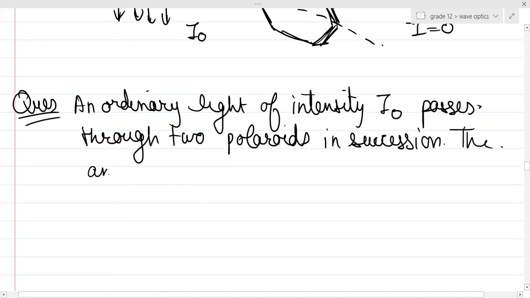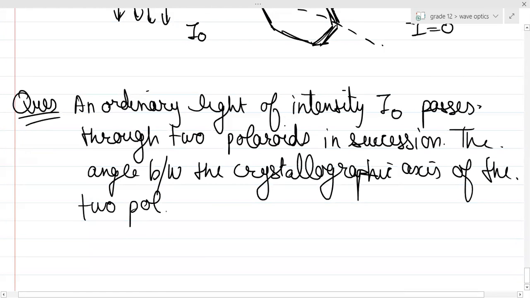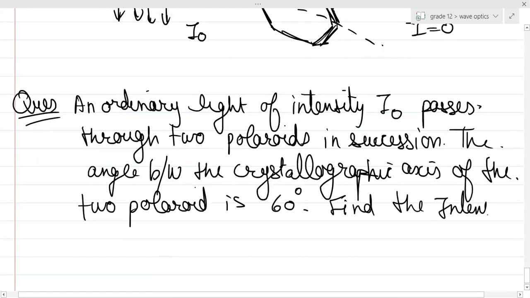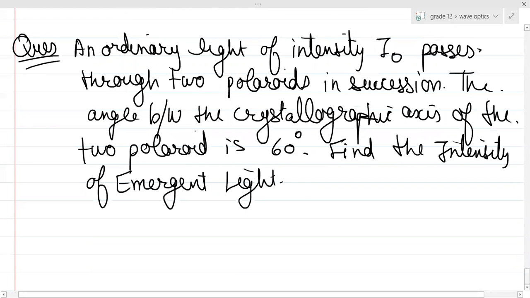The angle between the crystallographic axis of the two Polaroids is 60 degree. Find the intensity of emergent light. किसी को क्वेश्चन समझ में आया?